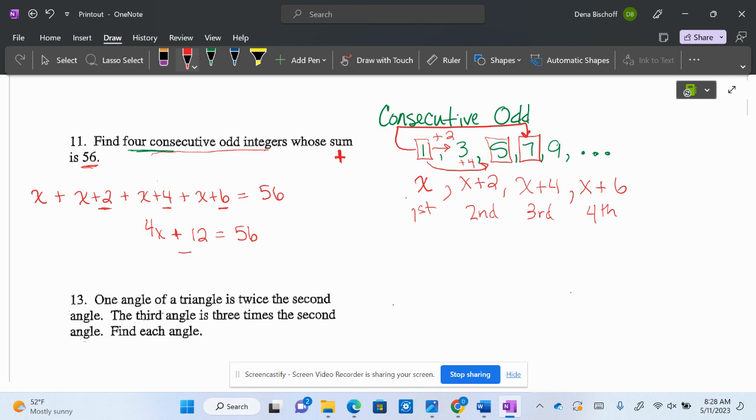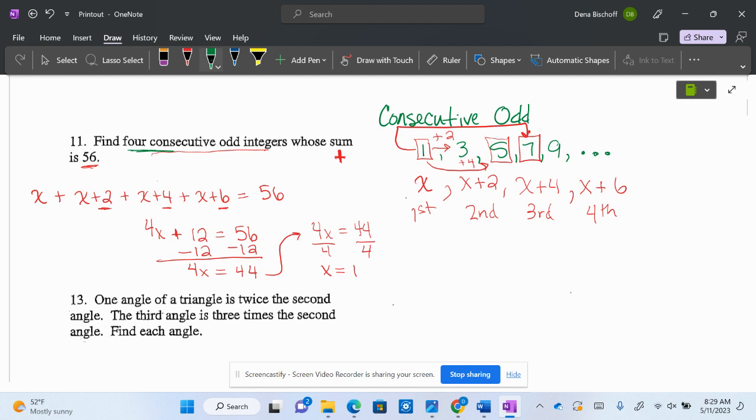Subtract 12 from both sides. 4x equals 44, and x equals 11.